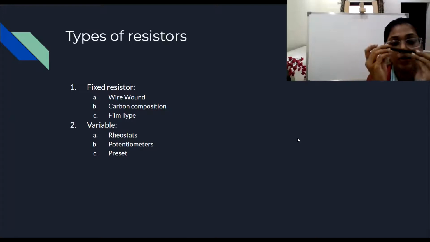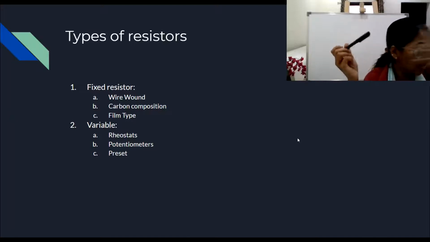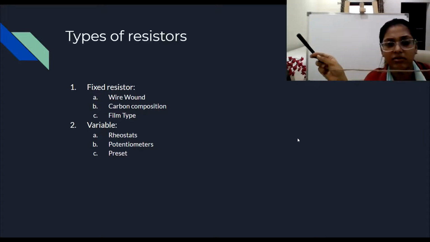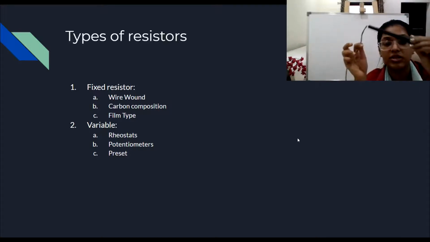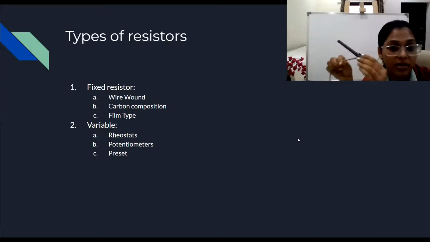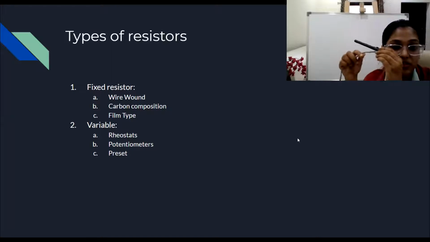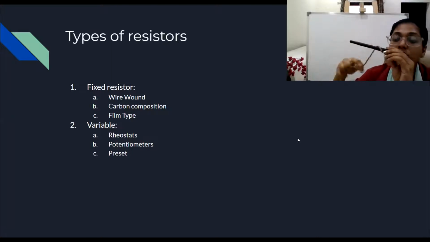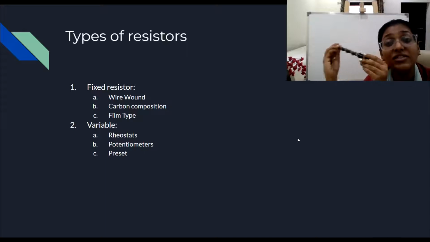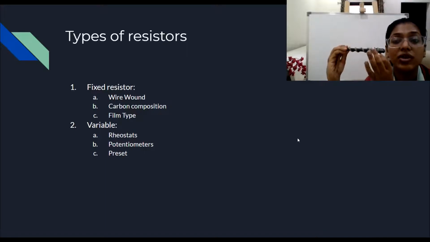Okay, so wire wound resistor, you have a core, and then, I'll show you the picture also, there is a conductor, a resistive material, that is wound on top of it. As simple as that. Now, why is this known as a fixed resistor? Because you can see the loops, 1, 2, 3, 4, 5.